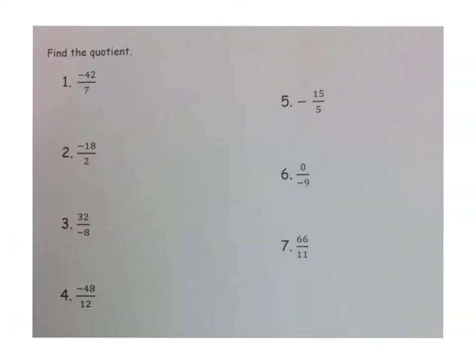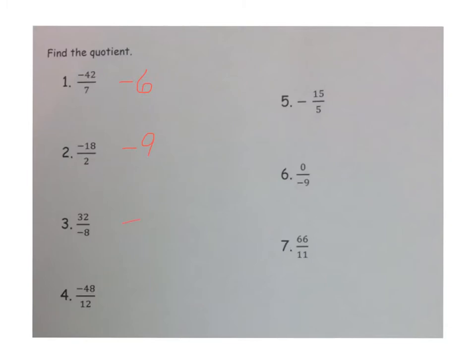Finding the quotient. Again, this is pretty much the same as multiply. Do the numbers have the same sign? No. The answer is negative. Number 2, do they have the same sign? Or in other words, is there an odd amount of negatives? There is an odd amount of negatives and they don't have the same sign, so that's negative 9.